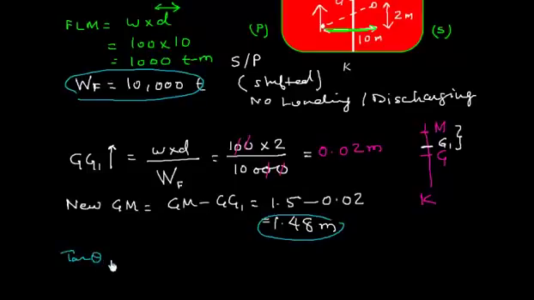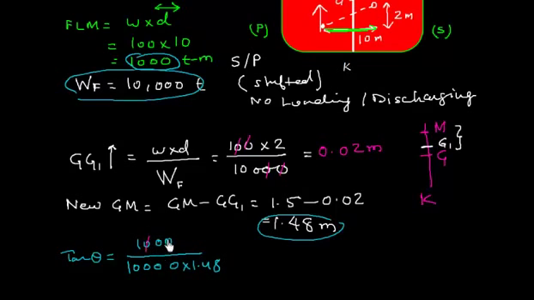Tan theta equals, the list moment is 1,000, divided by 10,000 into 1.48.